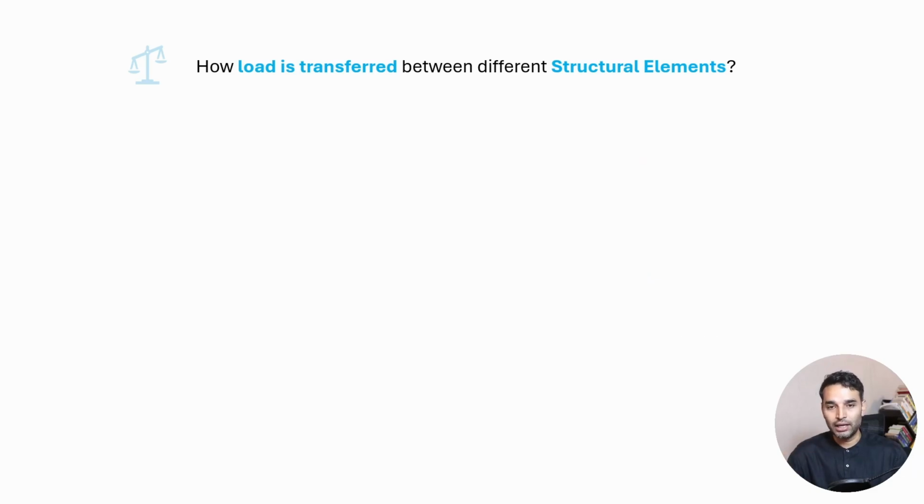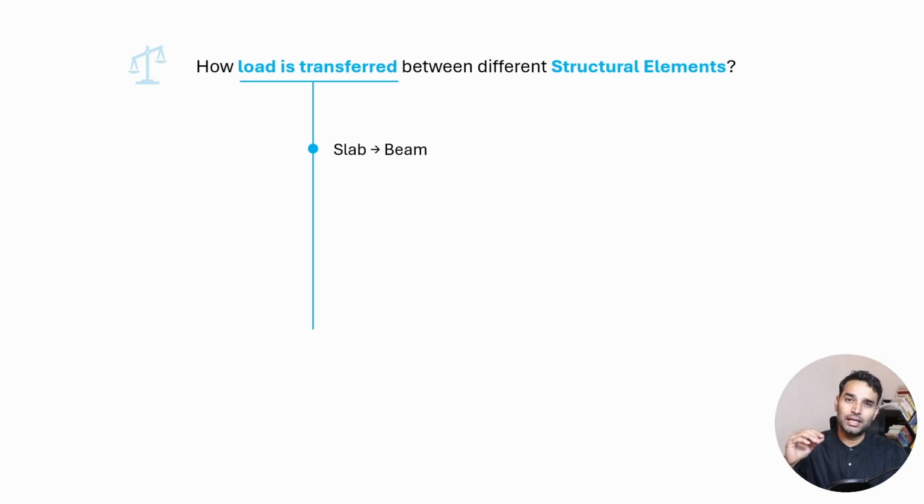So now let's understand how the load is transferred between different structural elements. In general, in a framed structure, whatever load is coming onto the slab, which is usually going to be the self-weight of the slab itself, the ceiling plaster, the floor load, etc., is going to be transferred onto the beams. Whatever load is coming onto the beams, that is loads from the slab as well as whatever load is on the beam itself, is going to be transferred onto the column.